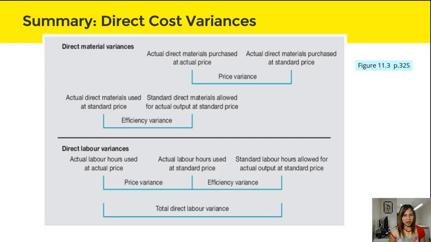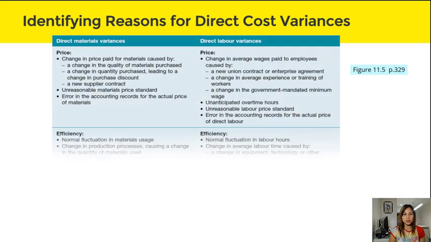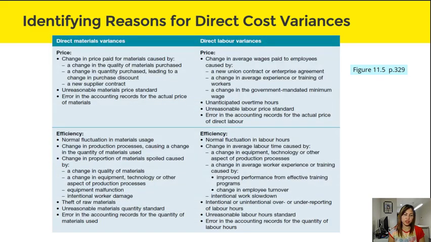This is the same as figure 11.3 from your textbook on page 325, a summary of direct material variances and direct labor variances. Now the next step is we need to play detective. Think about the possible reasons for direct cost variances.